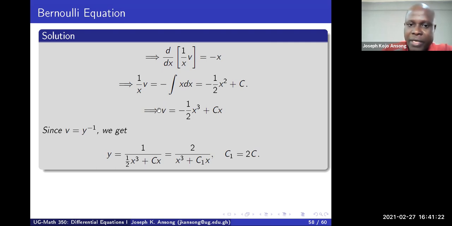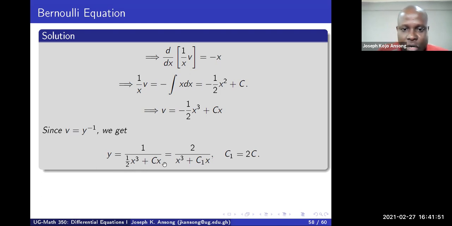But remember that we made a substitution for v. We said v should be y to the negative 1, or 1 over y, which means that y will be 1 over x cubed plus cx. Well, it appears that I left this negative out, so there should be a minus here.